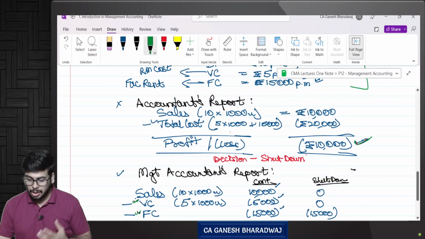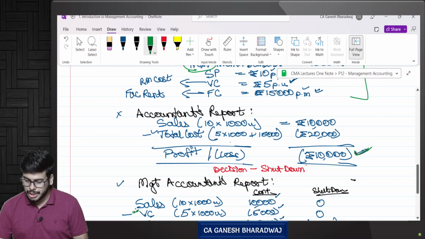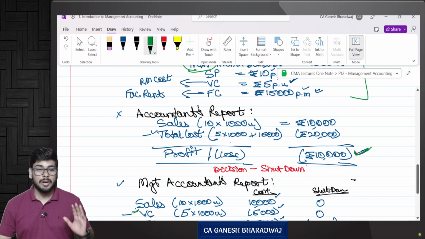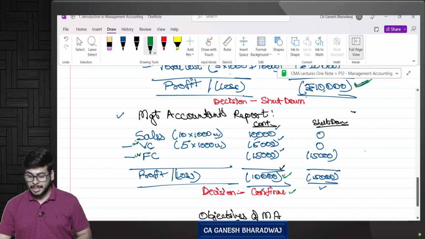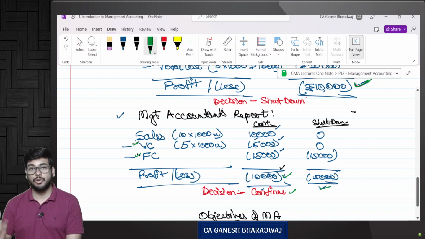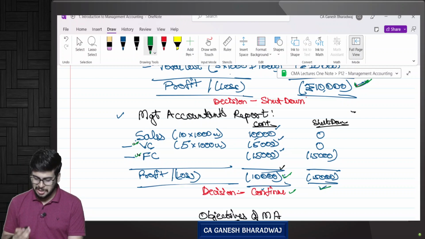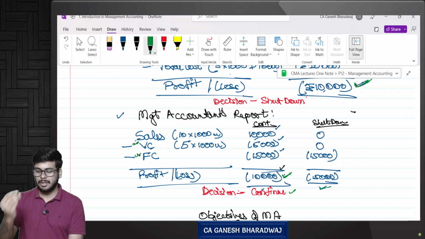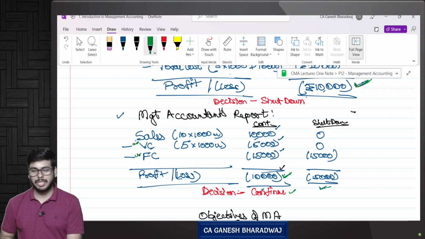So a normal accountant said, if you continue, you are going to incur a loss of 10,000, so shut down. But the management accountant says, if you shut down, the loss is going to be 15,000. If you continue, the loss is just going to be 10,000. It's better to continue with the loss of 10,000 than to shut down with the loss of 15,000.